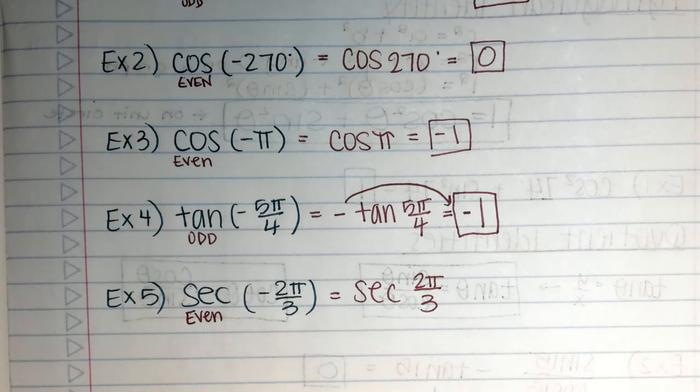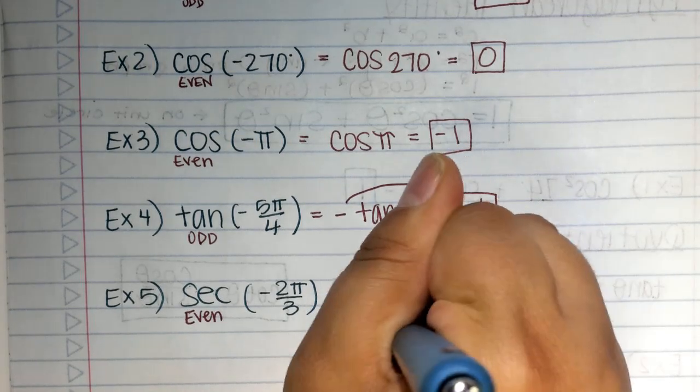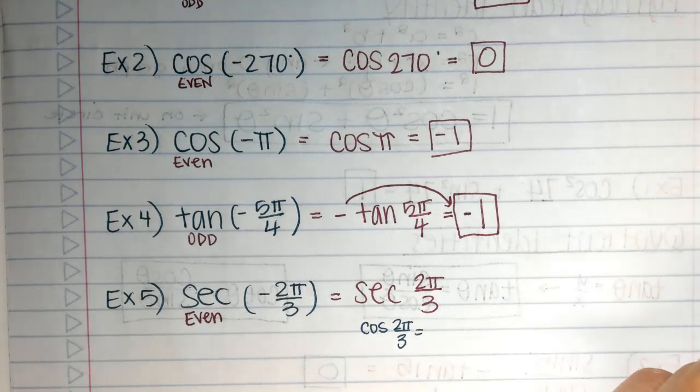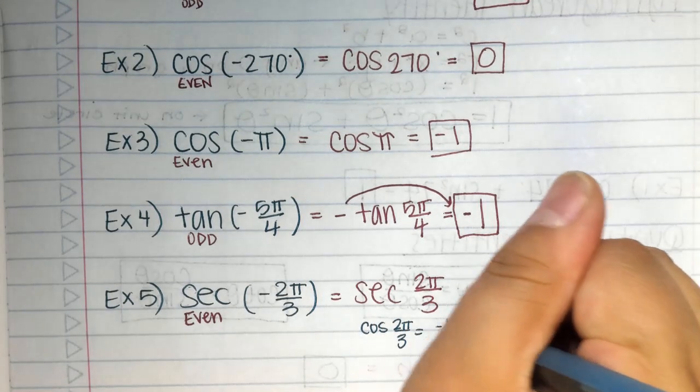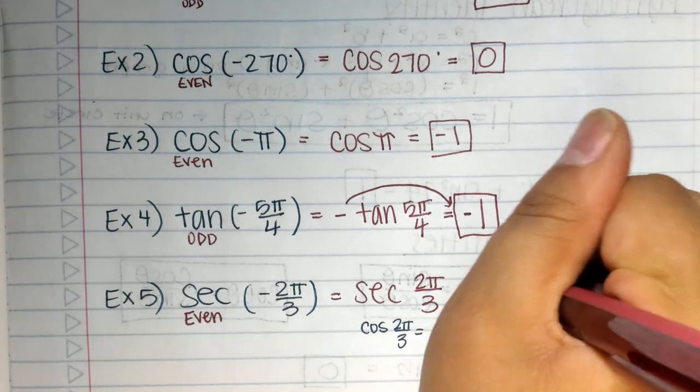Do you know the secant of 2 pi over 3 off the top of your head? No, I don't. But what do I know? The cosine. I know that cosine is the reciprocal. And what is the cosine of 2 pi over 3? Negative 1/2. And what's the reciprocal of negative 1/2?